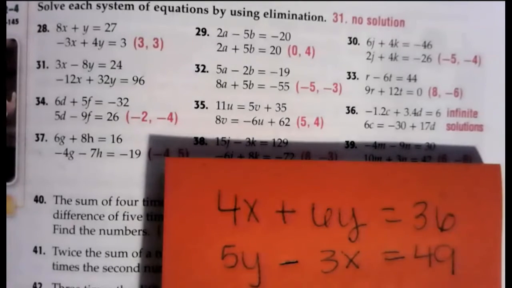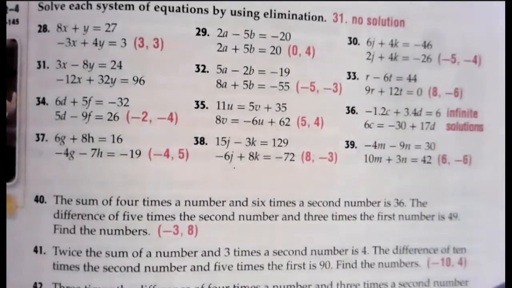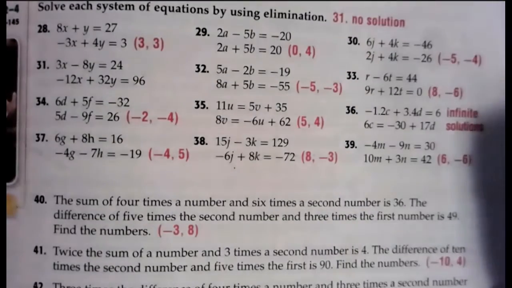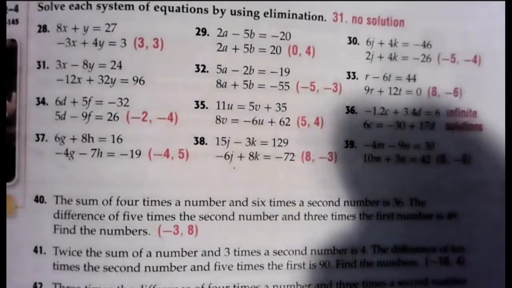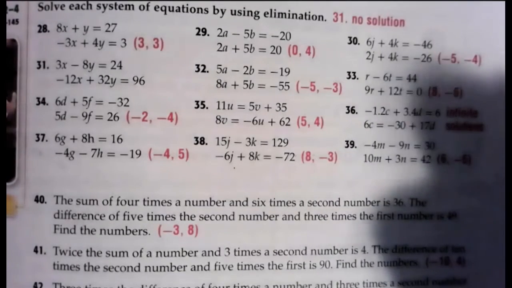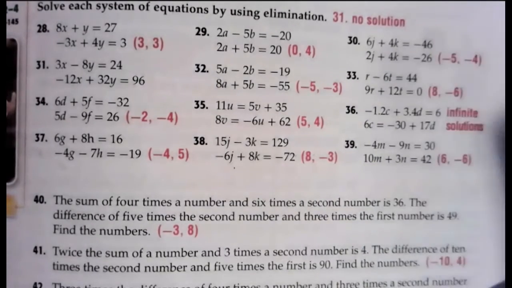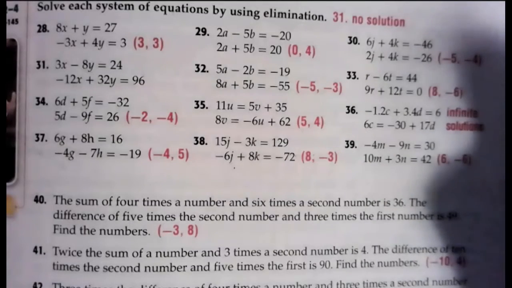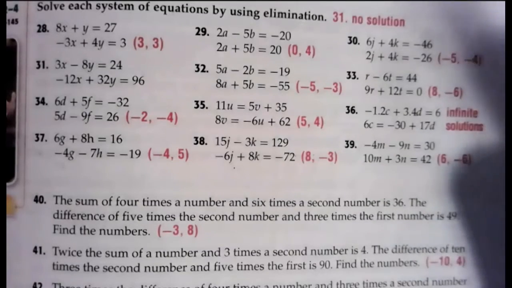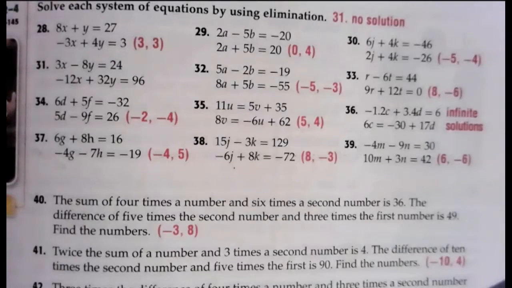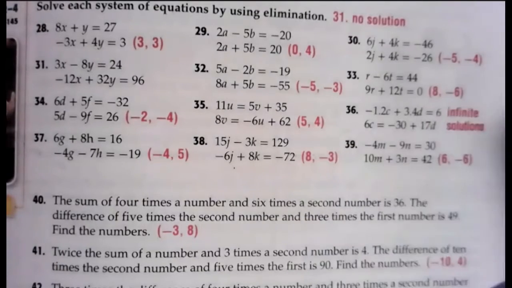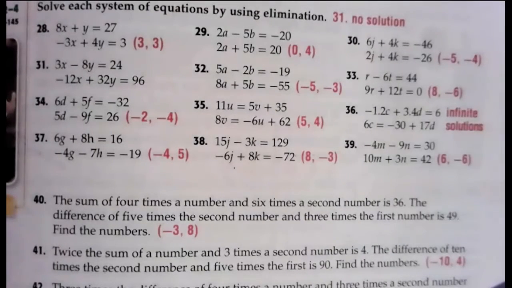And then you could rearrange your terms to eliminate. So I would multiply my top by 3, and I would multiply my bottom by +4.